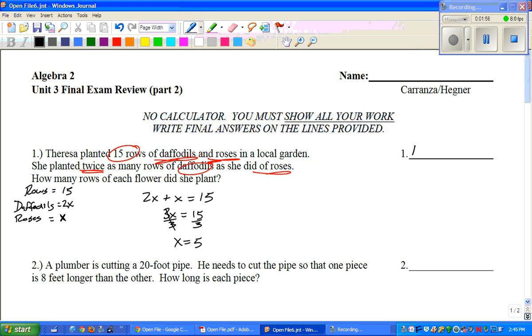We know that the roses equal 5 rows, but what about the daffodils? If they equal a total of 15, we already know what 5 are. We're left with 10. All right.